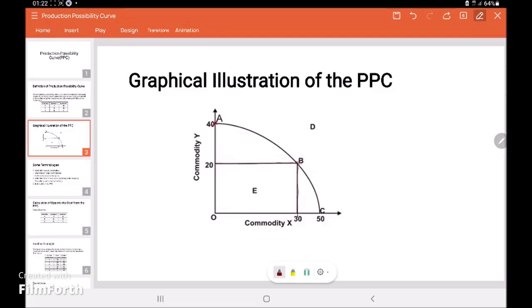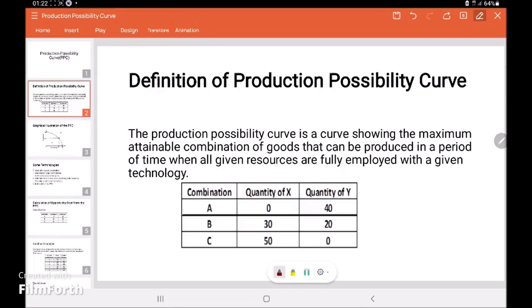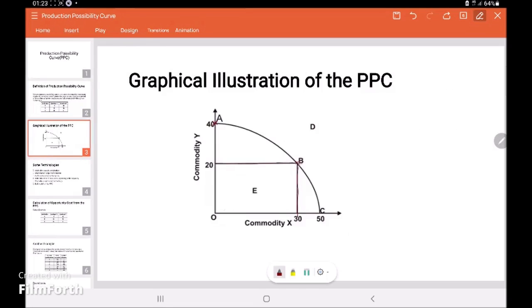Then for C, 50 units of X are being produced and nothing of Y, so we get a point on the horizontal line, the commodity X axis. It is these points that we join using our free hand, and when we join like this, we get the production possibility curve.